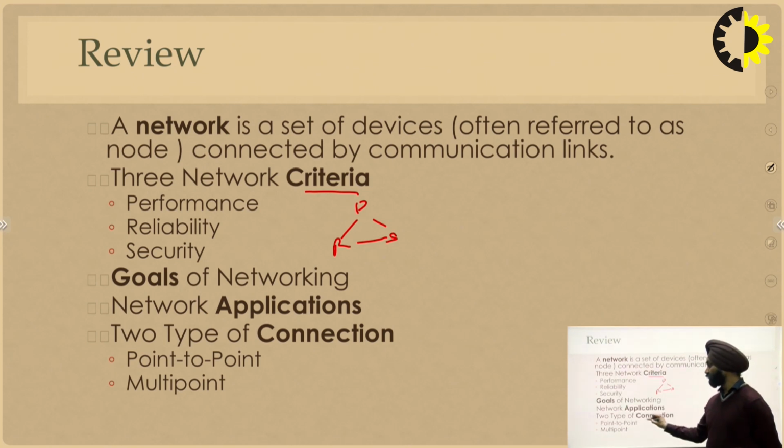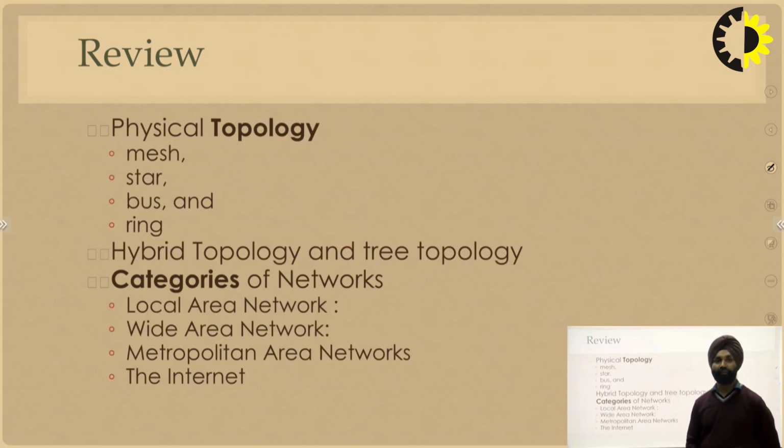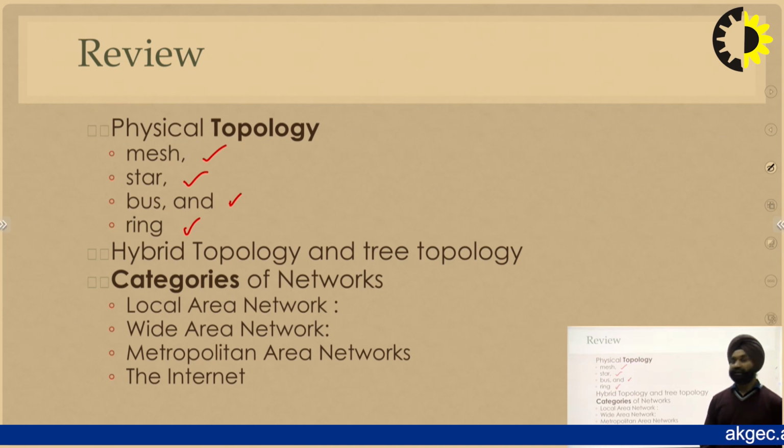Then there are two types of connection: point to point and multi-point. From point to point and multi-point, we have different types of topologies. There are four basic topologies: mesh, star, bus, and ring. When we join one or more topologies, there is a hybrid topology. One hybrid topology is the tree topology, which is derived from the star topology.